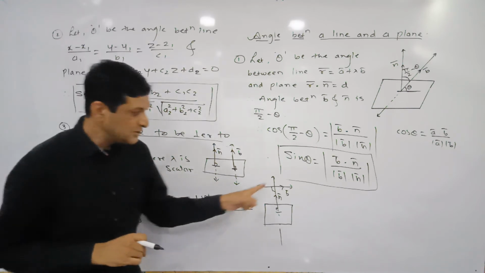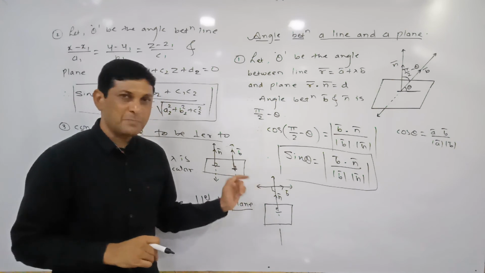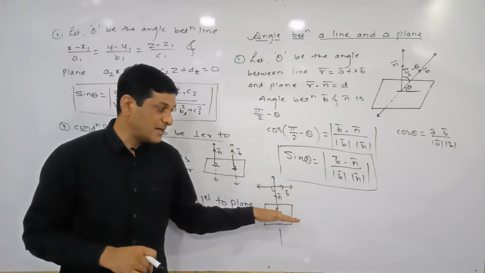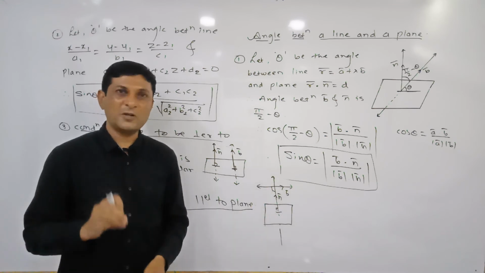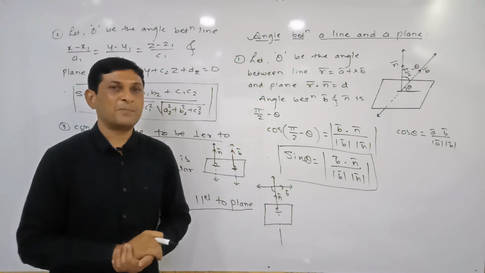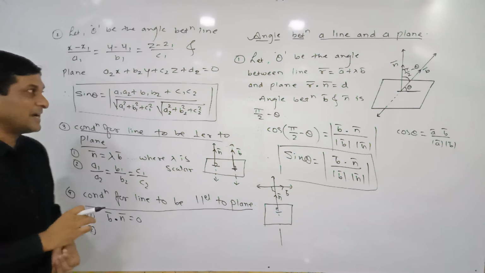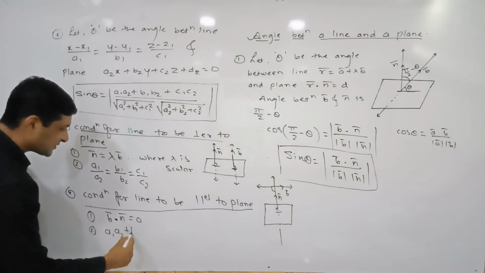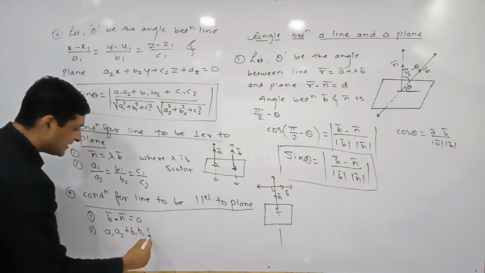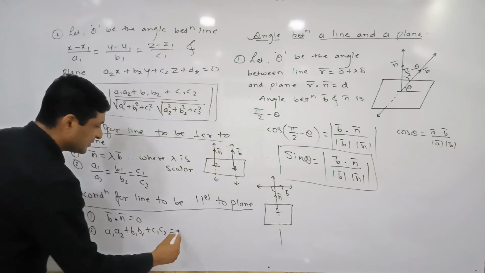Now let us discuss what will happen if the equations are in Cartesian form. The normal and the line are perpendicular. The line is definitely parallel to the plane. When it is parallel to the plane, it is perpendicular to what? Normal. And if two lines are perpendicular, their direction ratios satisfy which condition? A1 A2 plus B1 B2 plus C1 C2 is equal to 0.